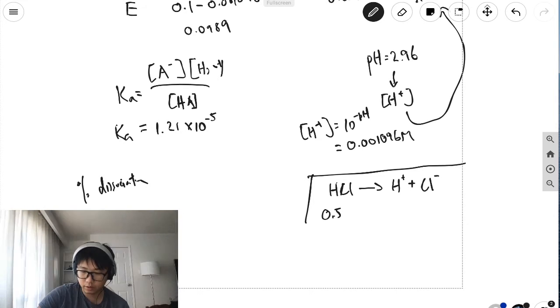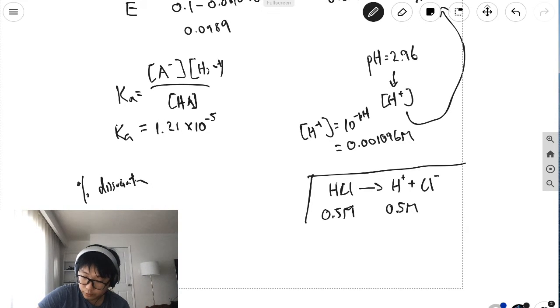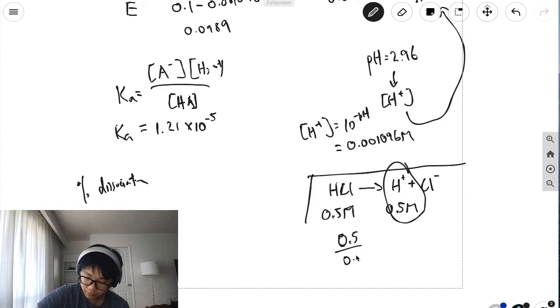So let's say 0.5 mol, exactly 0.5, and that's because this is 100% dissociation. Okay, so I'm just hinting at you. How can I represent this as 100? In order for me to get 100, it's 0.5 divided by 0.5 times 100, and that will give you 100% dissociation.